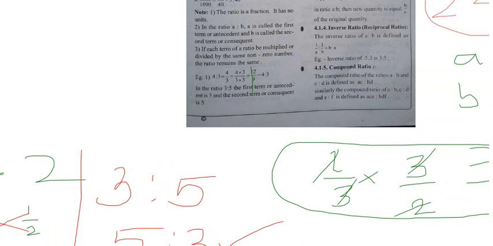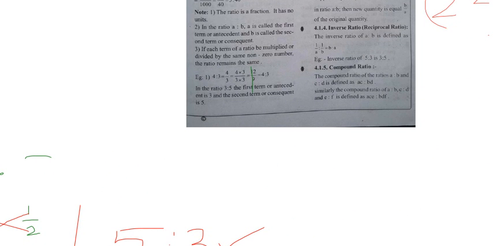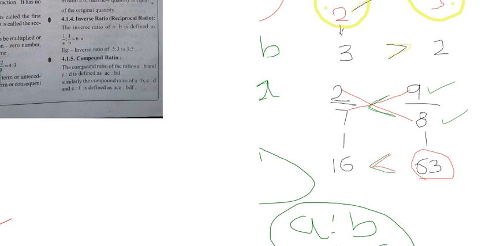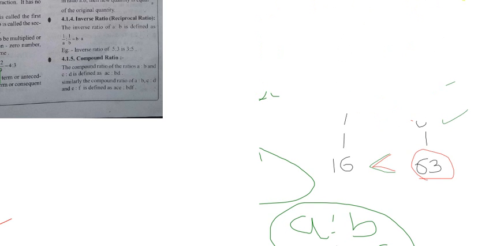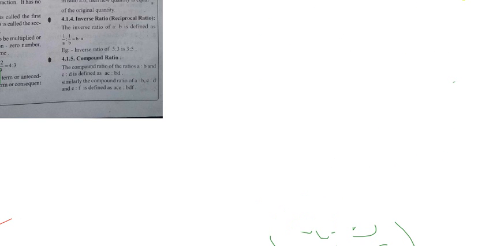See, compound ratios means, for example, if A is to B, double is to C is to D. When two or three ratios are given like this, you have to write them in compound form. Compound ratios means you have to multiply like this. See how it is done. Compound of the ratios A is to B and C is to D: A is to C and B is to D.